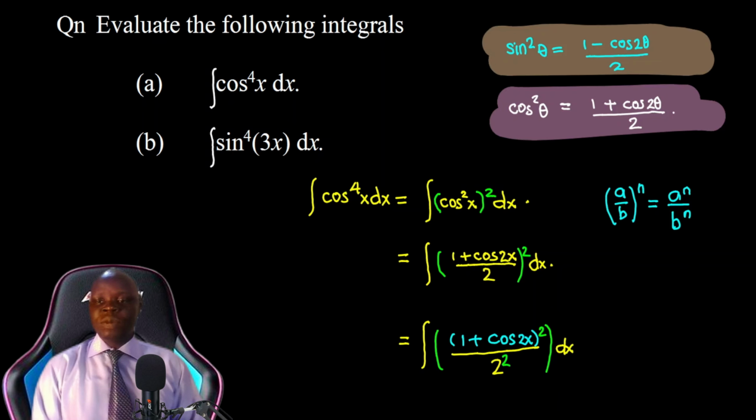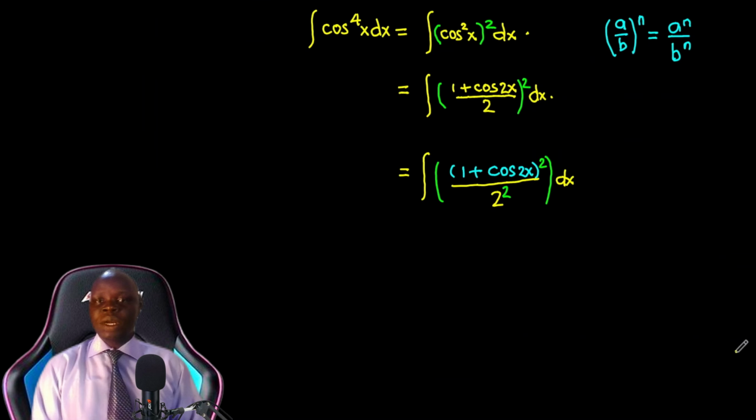So let's get more space for our working. Now let's go ahead and expand the numerator and also expand the denominator. The square of the denominator is going to be 4, so we can pull it out as 1 over 4 multiplied by, so here we will expand this.